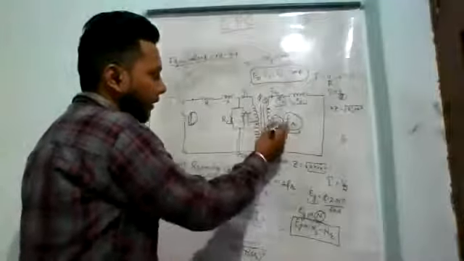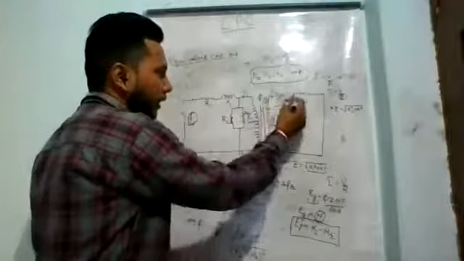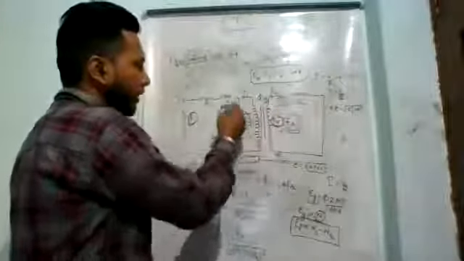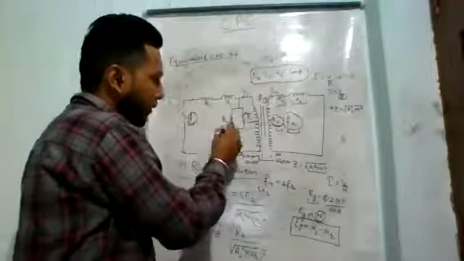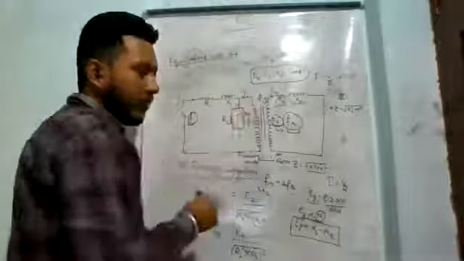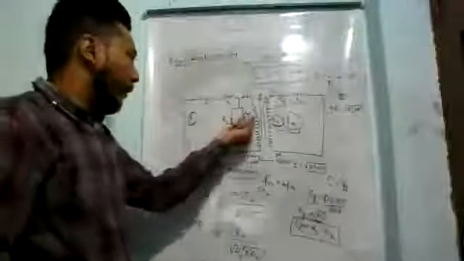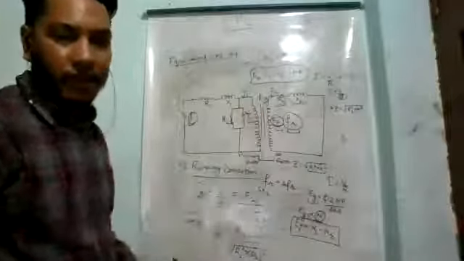Similarly, the secondary side winding also has some resistance and some reactance. This Rc represents the core loss component, and this Xm represents the magnetizing component. The magnetizing component is responsible for generation of flux in the core. Thank you.